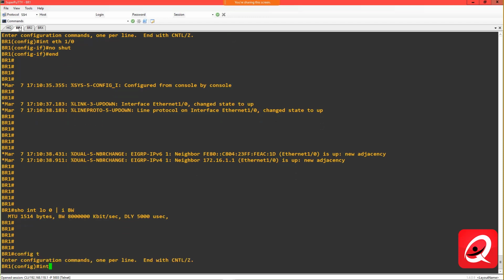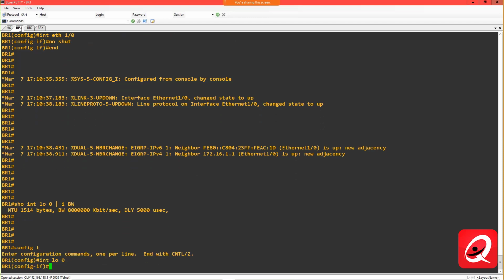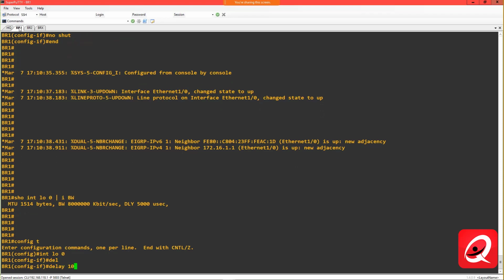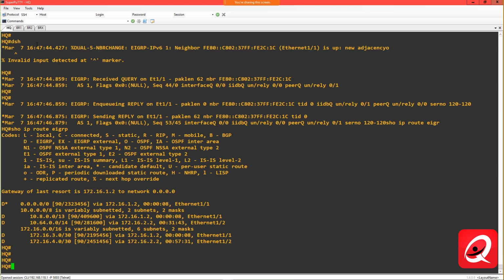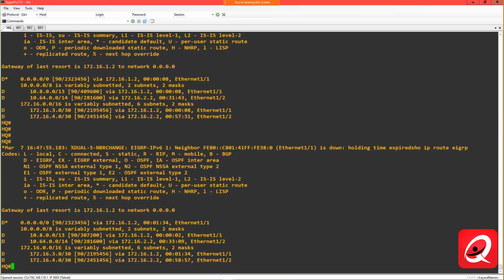So if I go into interface loopback 0 and I say delay 1,000, I should see that the metric changes for that particular path. So here it was 409,600. Now it's gone down to 307,200.